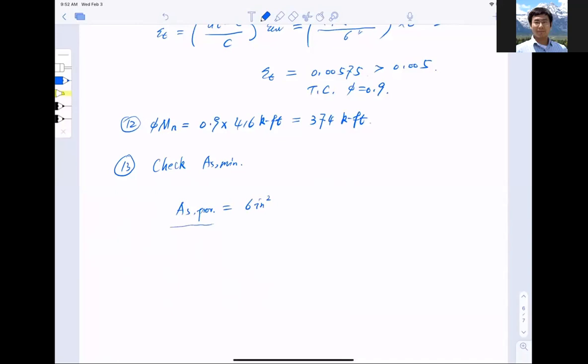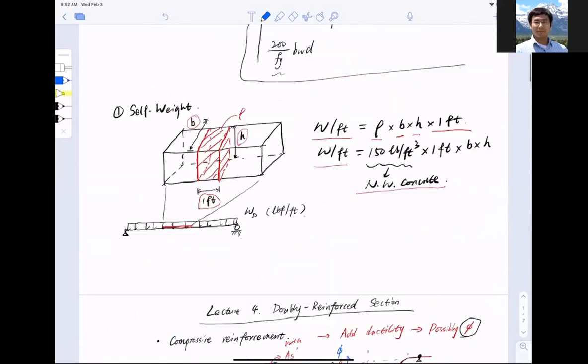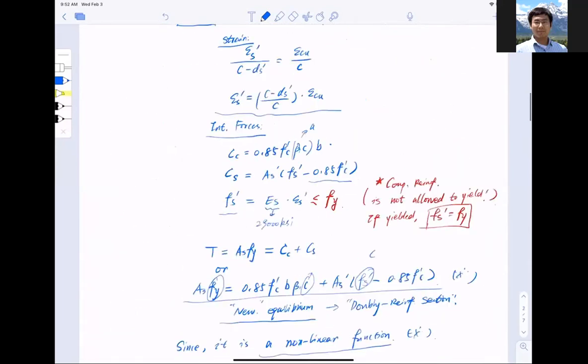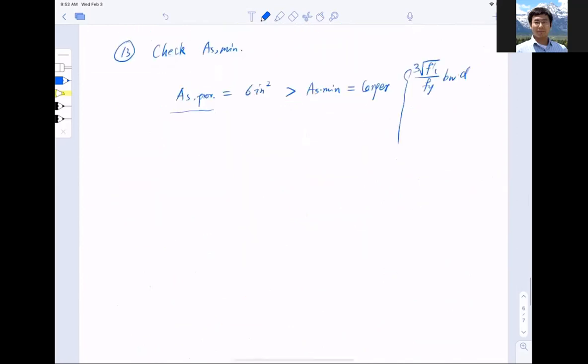And I want you to do a quiz 2 that this is larger than the minimum, remember what we said, larger than what? 3 square root f prime c divided by fy times bw d, let me double check the coefficient, yes it is 3 of that, or 200 divided by fy times bw d.